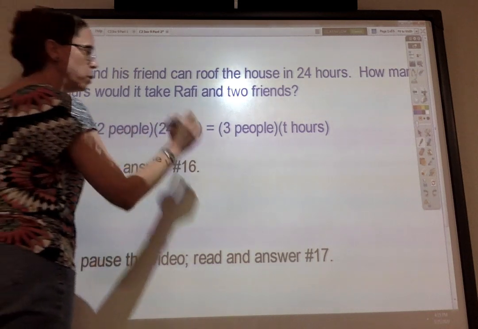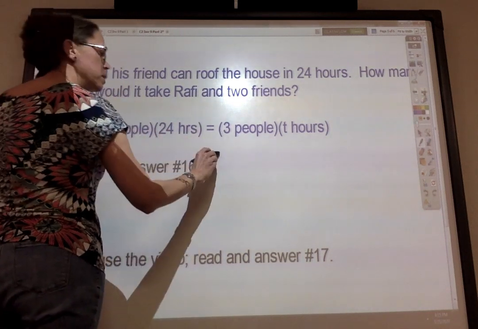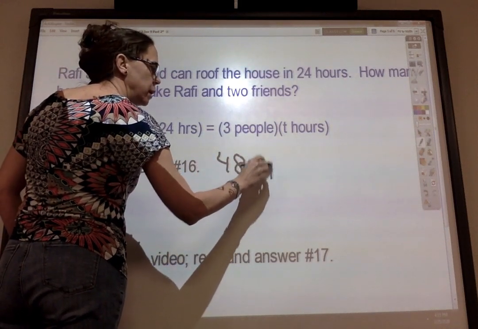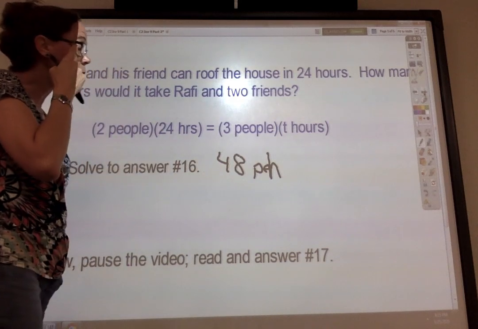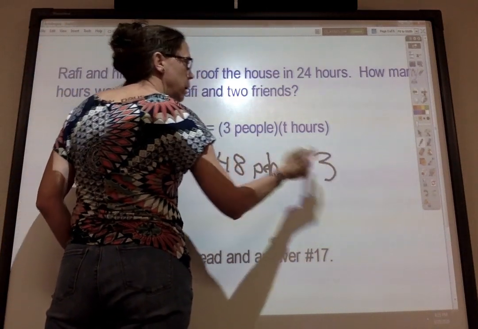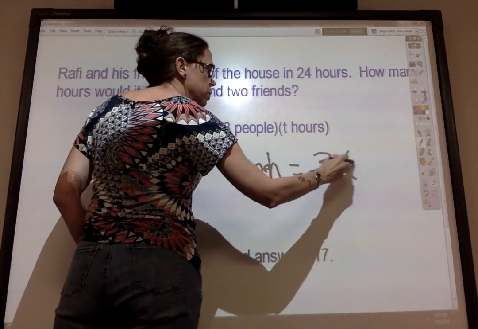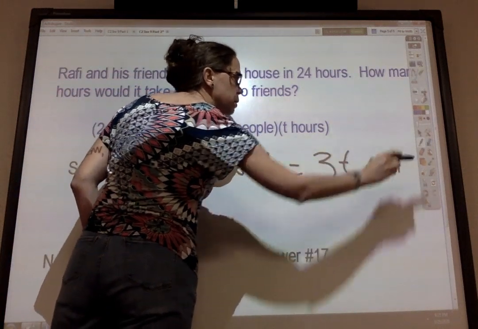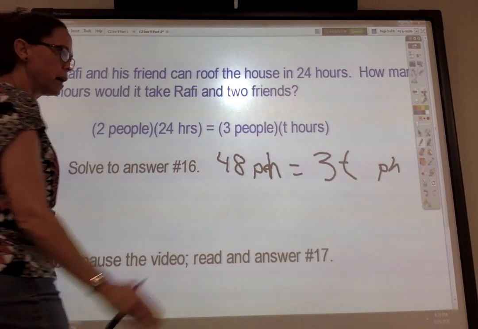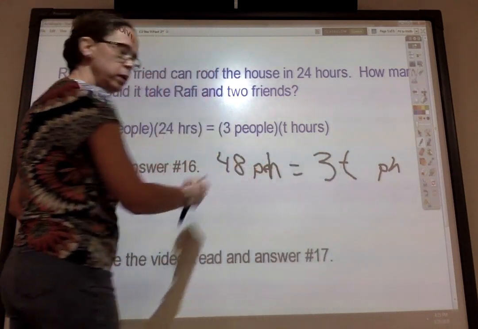Okay, so 2 people working 24 hours, that gives me 48 people hours. I'm just going to say people hours like that. So that's got to be equal to 3 people times a certain amount of hours, 3t people hours. So I got to figure out 3 times what will give me 48.